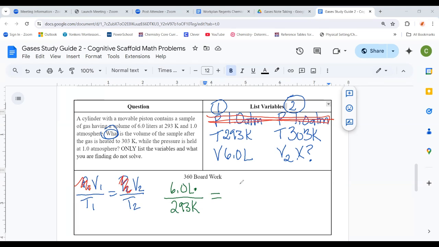Volume 2, I don't know volume 2. It's my x, over 303 Kelvin. It's a little hard to get x by itself when there's nothing else over here to remind you, so I'm going to erase the volume and leave it as an x just to make it easier to follow the algebra.